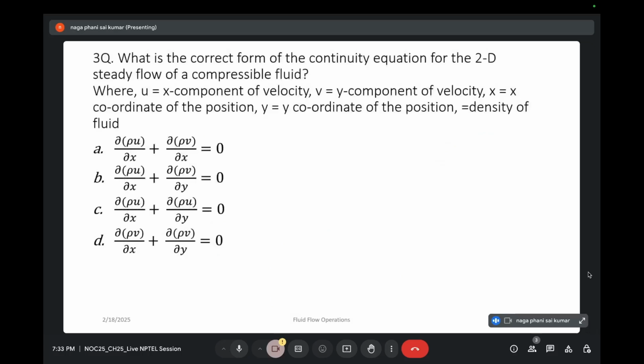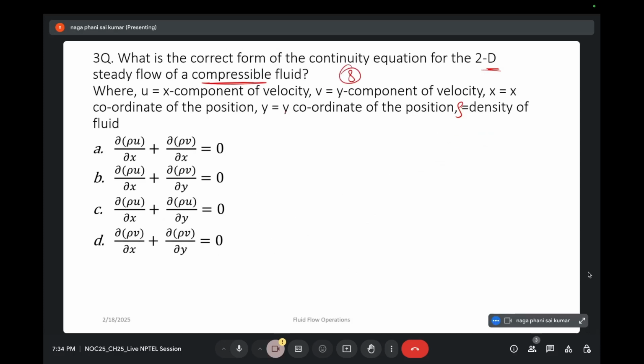So coming to the third question: what is the correct form of the continuity equation for two-dimensional steady flow of a compressible fluid, where u, v and w are the x, y and z components, and rho is the density? This is for a two-dimensional flow of a compressible fluid. For a compressible fluid, the density term will always be there, right? Because density will also keep changing.